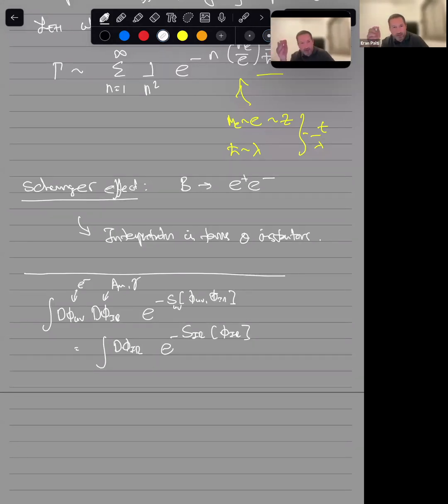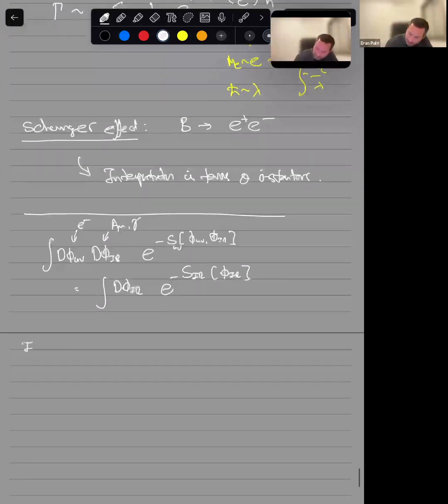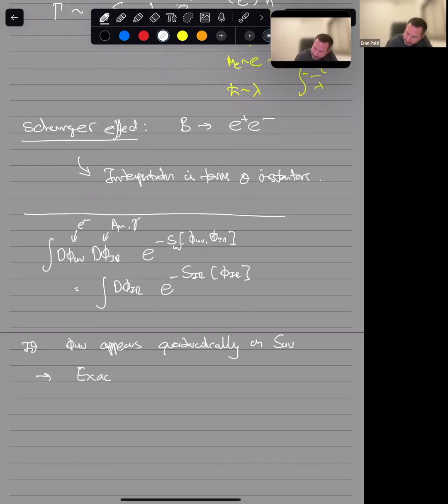This integral, if the UV physics you've integrated out is Gaussian, so it's free, just quadratic, you can do exactly. So if phi UV appears only quadratically in S_UV, then you get an exact expression, exact integration. We know how to do Gaussian integrals.